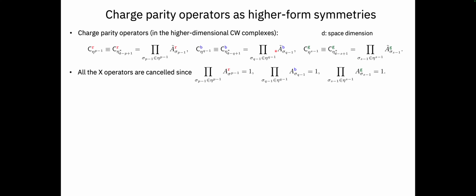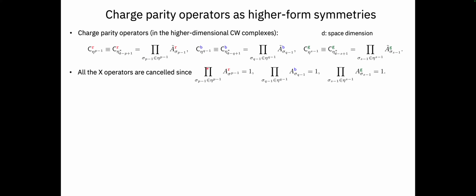And as we know, in the untwisted code, these undressed X stabilizers multiply into 1 if they are defined on some p-1 dimensional cocycle. So this is some sort of a higher-form symmetry, actually.